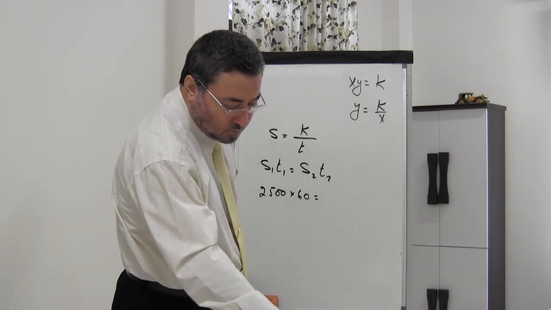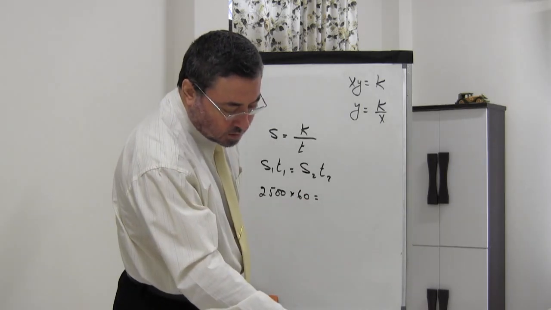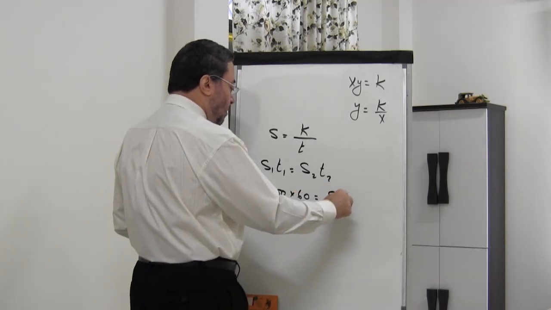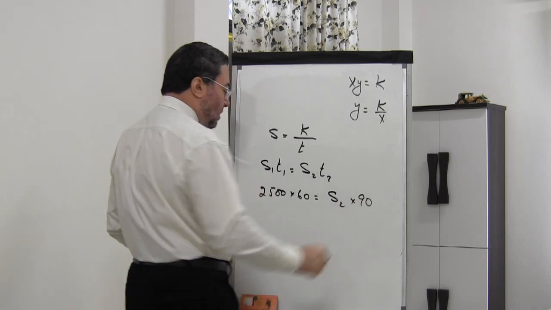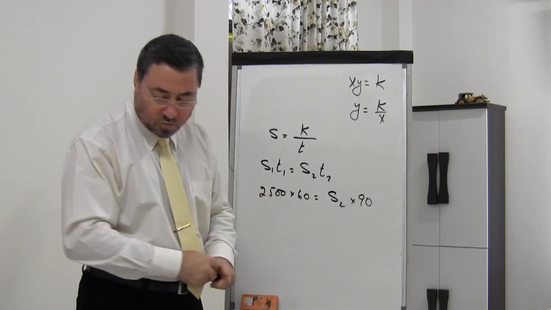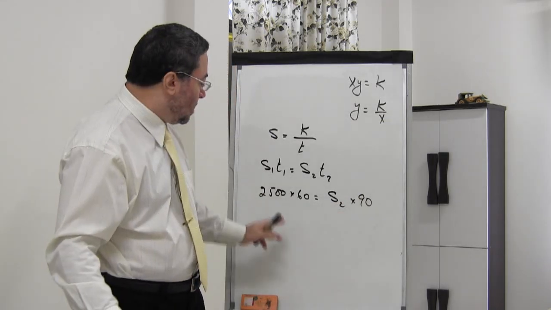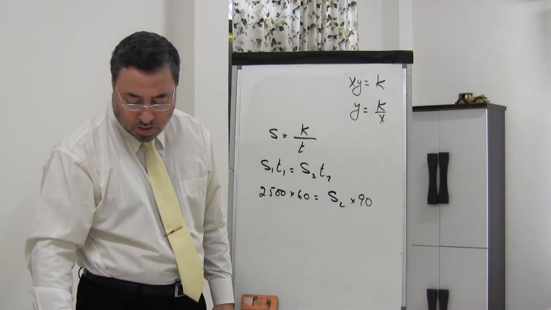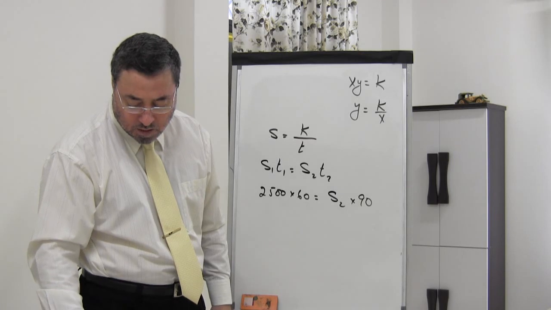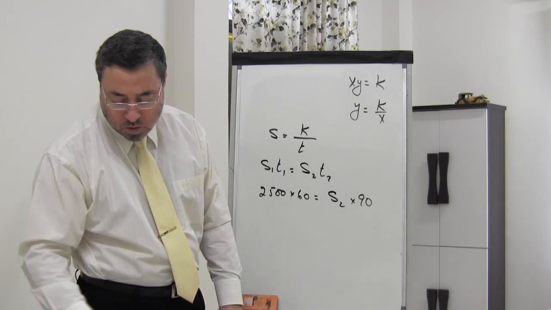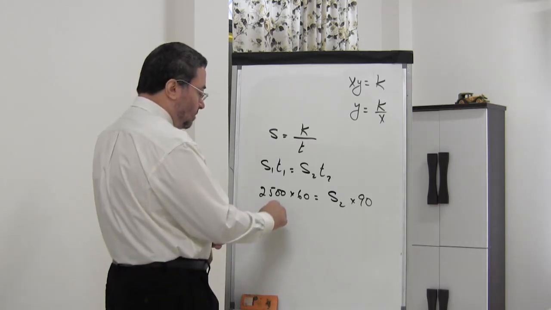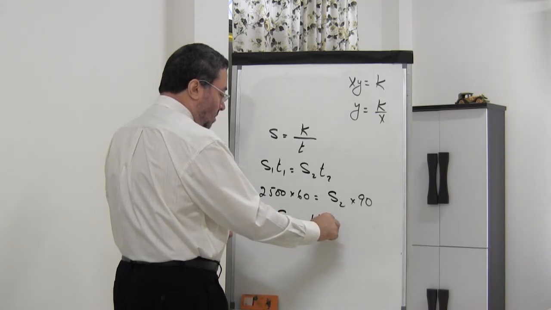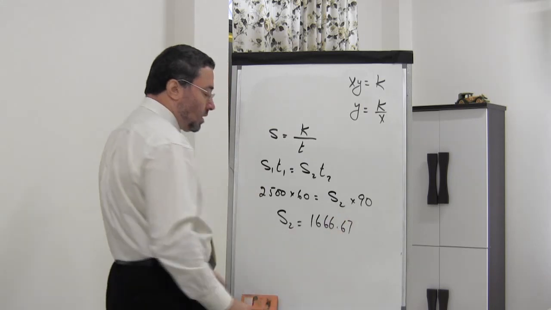And we want the speed for 90, so the speed for 90 teeth. And we solve this. We multiply and divide by 90. 2500 times 60 divided by 90. And that's equal to 166.67 rounded.